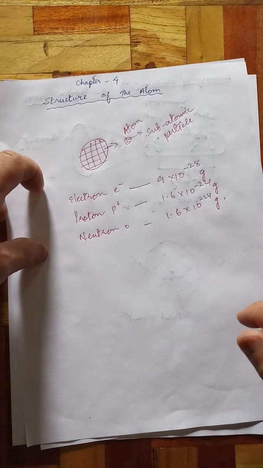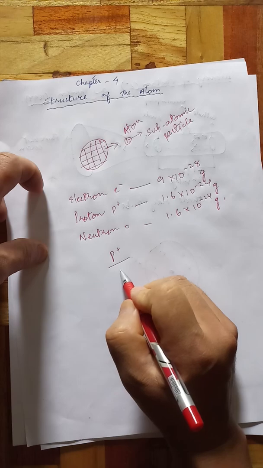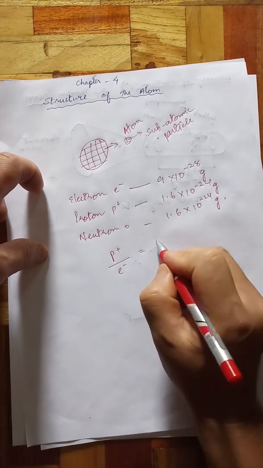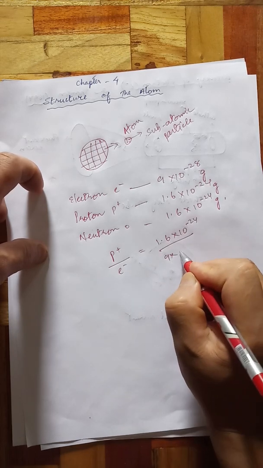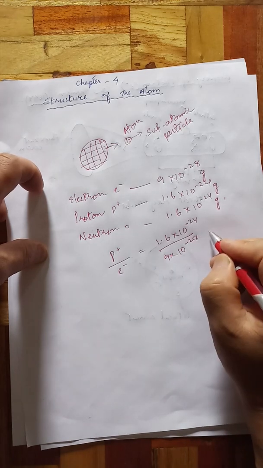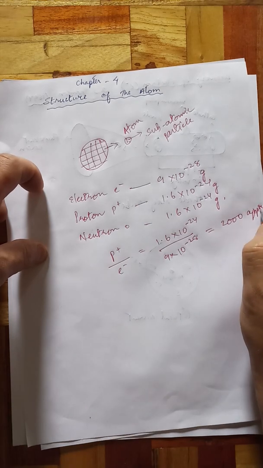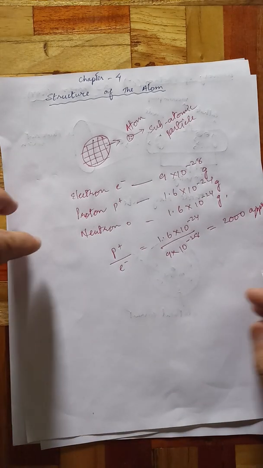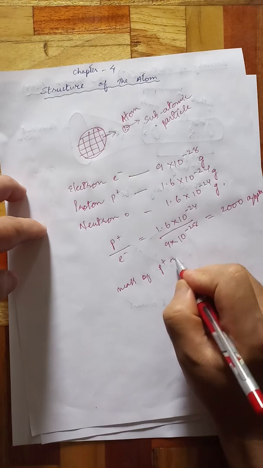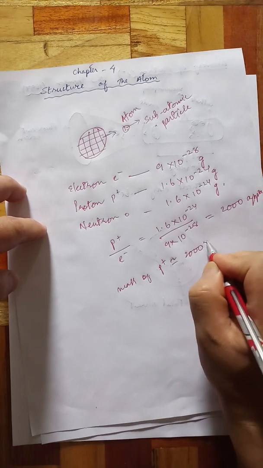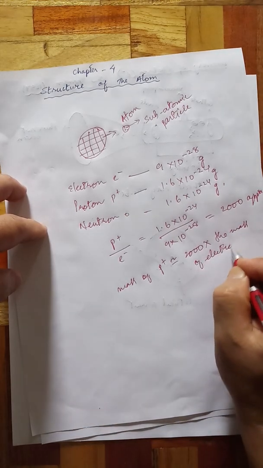So when we calculate the ratio of the mass of proton to the mass of electron, we get an approximate value equal to 2000, which means that the mass of proton is approximately 2000 times the mass of electron.